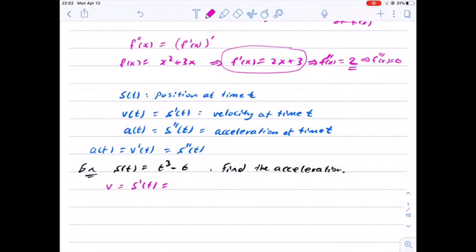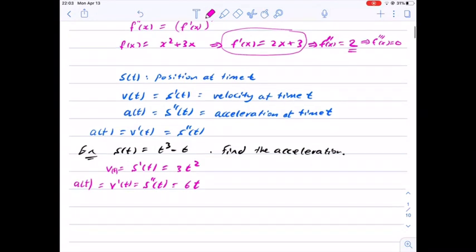The first derivative of this, which is the velocity, is 3t squared. And then we find the derivative of the velocity, which is the second derivative of the position function, and that's 6t. This is a of t. If we want to compute it at a specific value, we just plug that value into the formula of a of t.